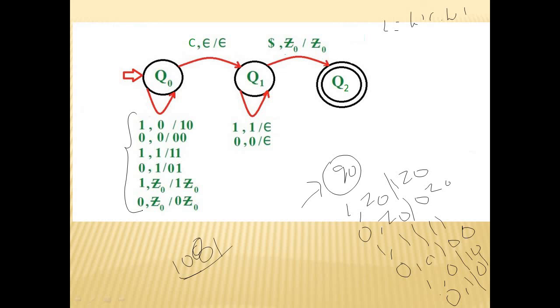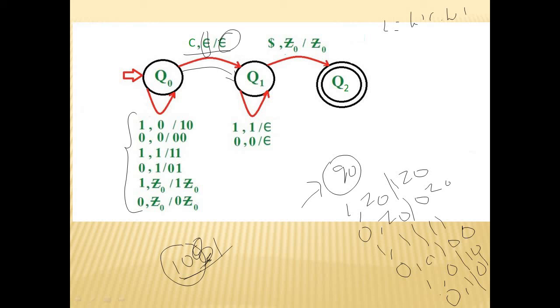Whatever possibilities we get, we represent here until we read the whole string. Once we reach C, nothing will happen, we just move to the next state. So it is an epsilon move, with no push or pop operations.